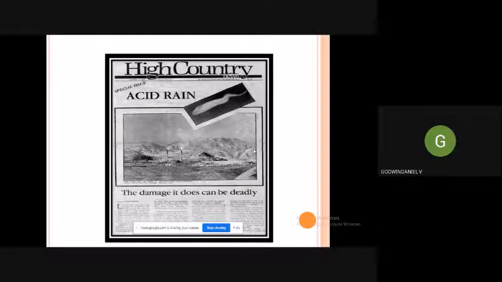In this picture, you can see an article I took from a High Country newspaper, published on September 3rd, 1964. The article says that acid rain damage could be very deadly. It affects nature and the plants. In the agriculture field we face a major disadvantage, and mostly farmers are affected by acid rain.